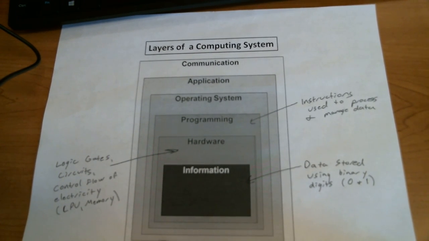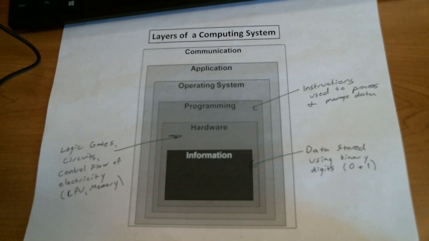Okay. Then up above that, we've got the operating system. The operating system manages all of the resources of the computer. It controls what programs get to use the CPU at a given time, and it juggles those back and forth.